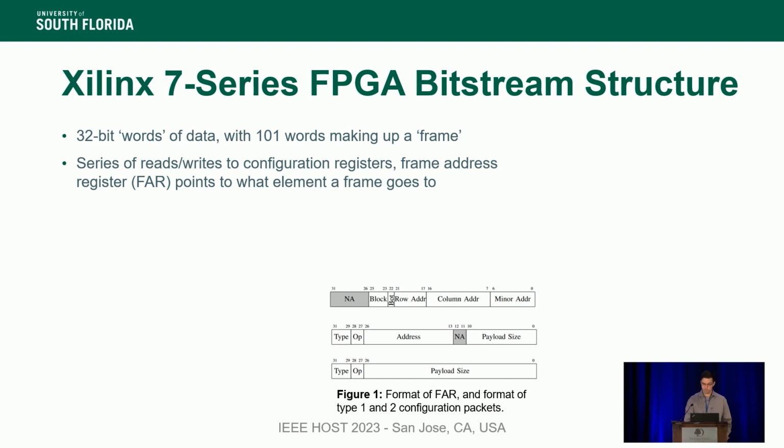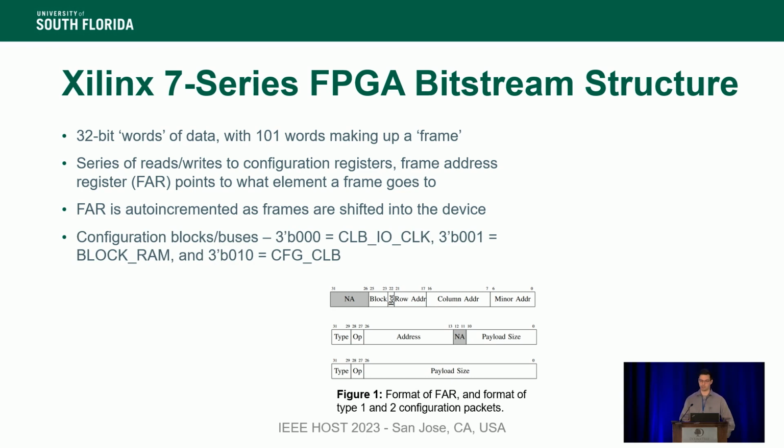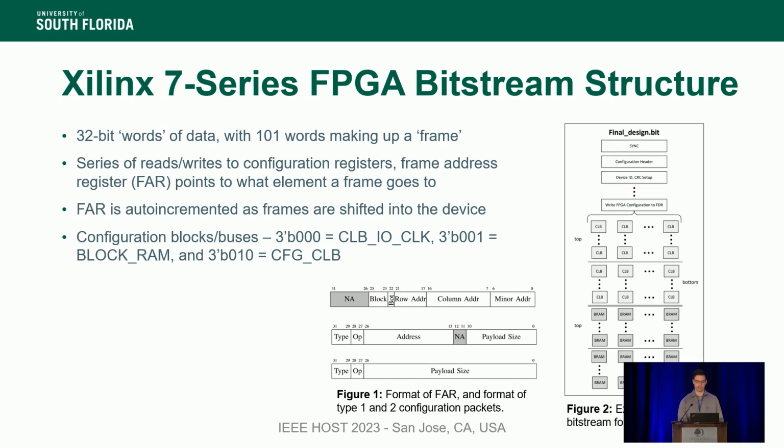And that frame address register stores information such as what configuration block interface is being configured, and what location the particular tiles are in the FPGA, so row, column, and top or bottom of the FPGA, that sort of thing. The frame address register is typically initialized to 0 and then auto-incremented as frames are shifted into the device.